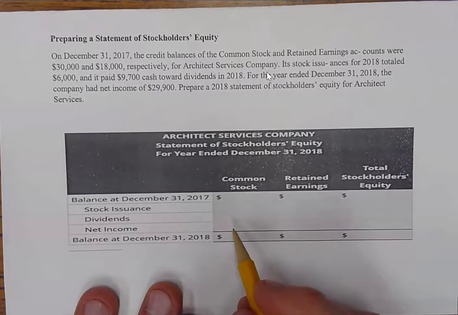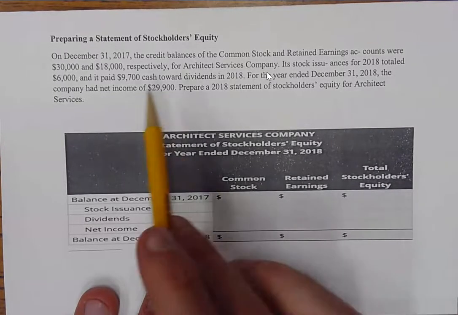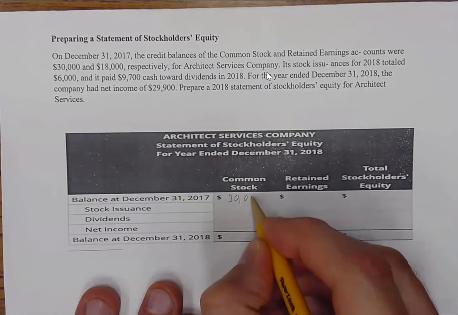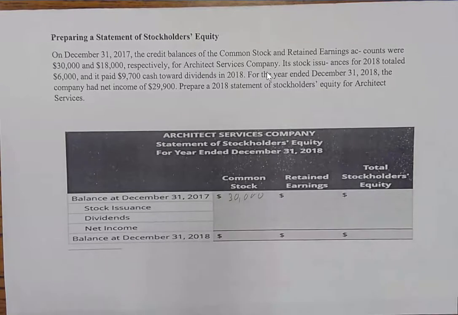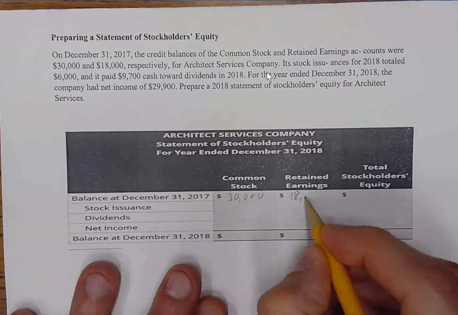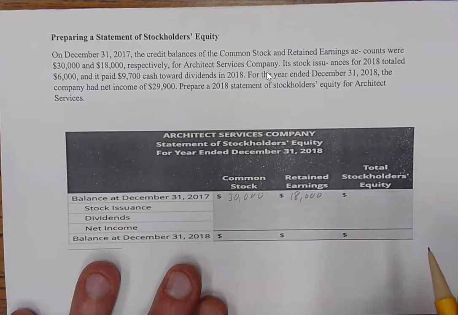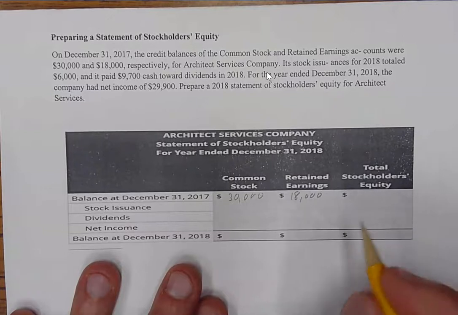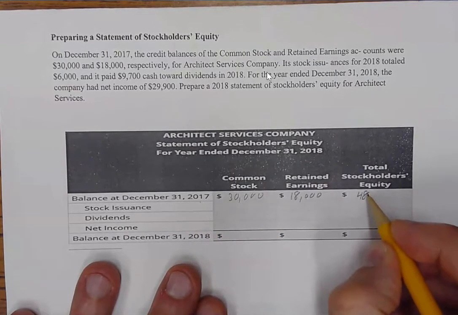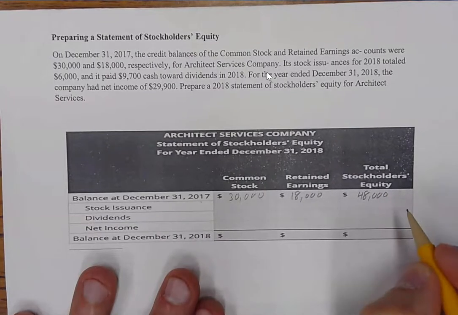The balance for common stock is $30,000, so let's go ahead and write that in. And the balance for retained earnings is $18,000. So at December 31st, 2017, total stockholders' equity was $48,000.